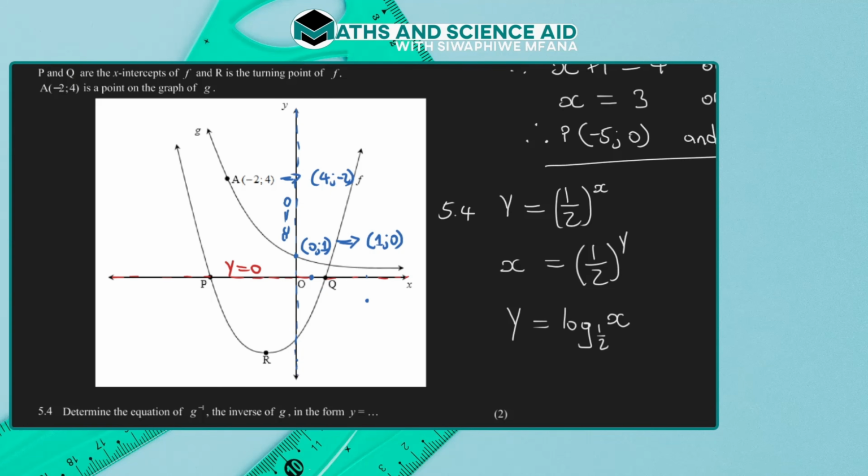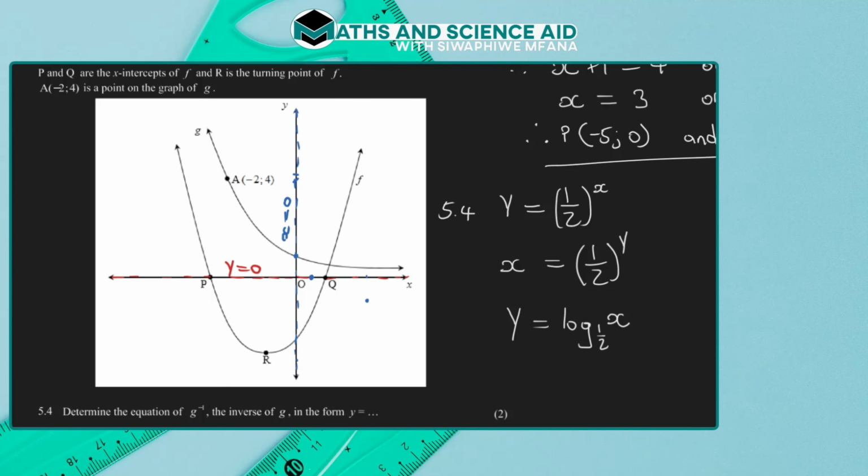But now for simplicity, I am going to remove some of these points. And so as we can see, for our inverse, we already have 2 points. So we can draw a curve through both of these points.